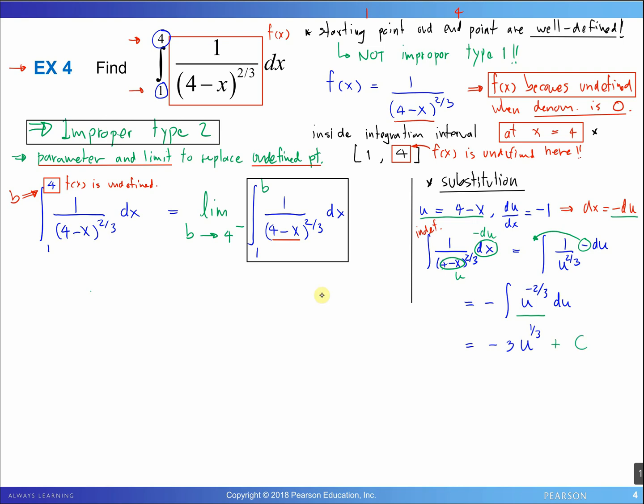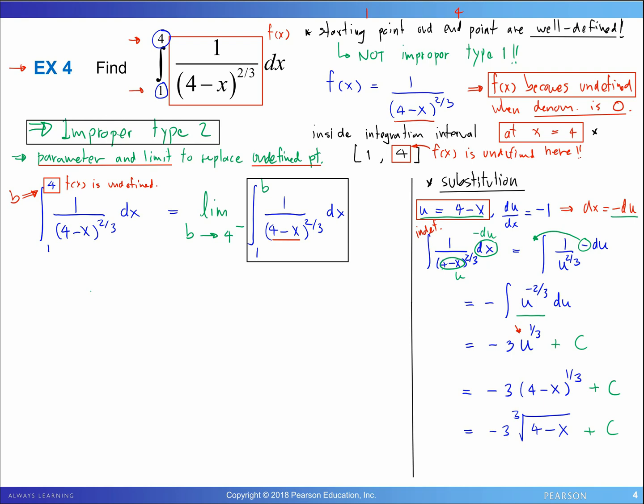And now we sub this back, u equal to 4 minus x to here. And now we have minus 3 (4 minus x) to the power of 1 over 3 plus a constant c right here. This is the same as minus 3 cube root of 4 minus x plus c at the end.